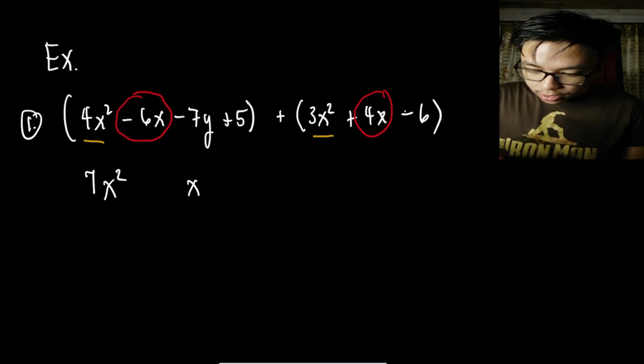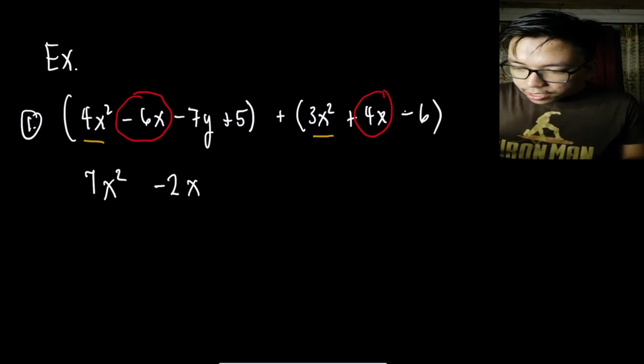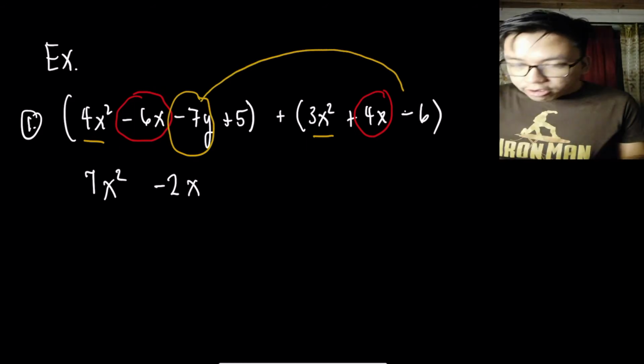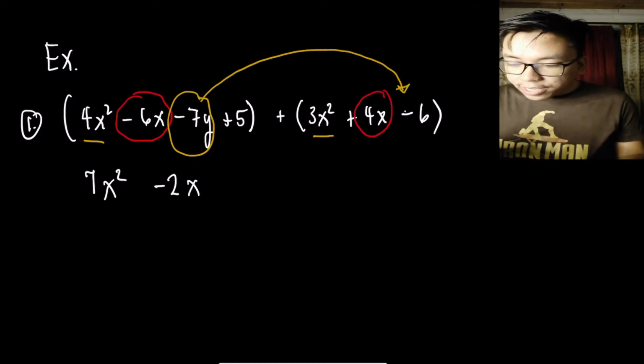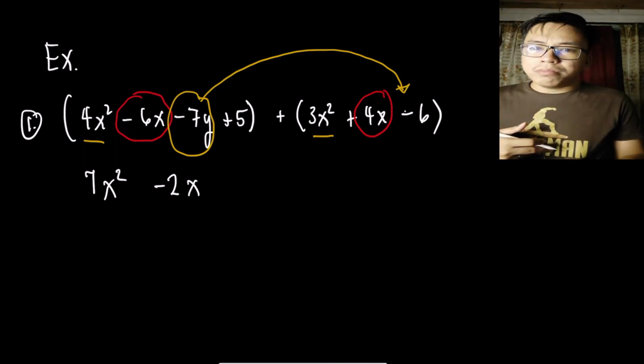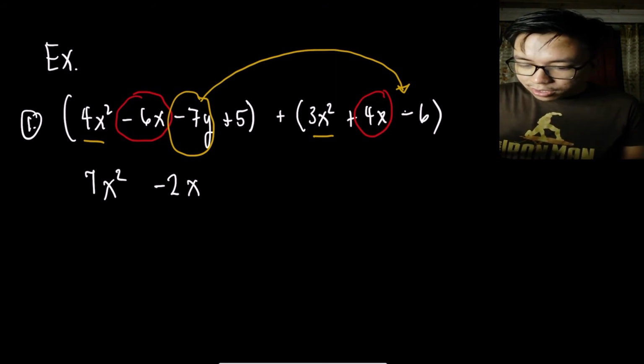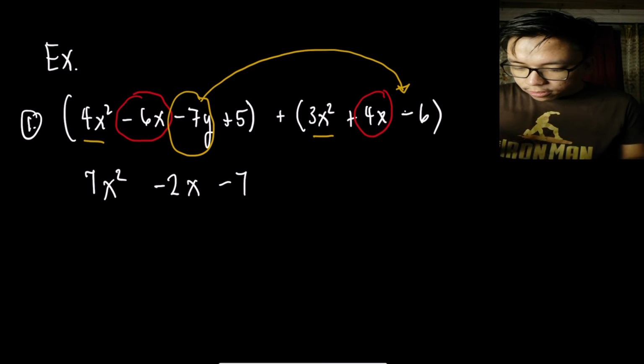So that's 2x, and this is negative. 7y. In this group, there's nothing that has the same variable as 7y. So that means we can't combine anything with 7y. So just copy it. That's negative 7y.